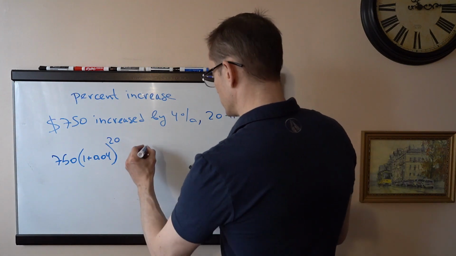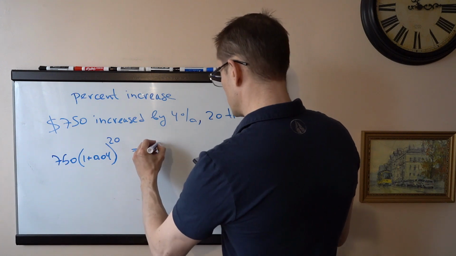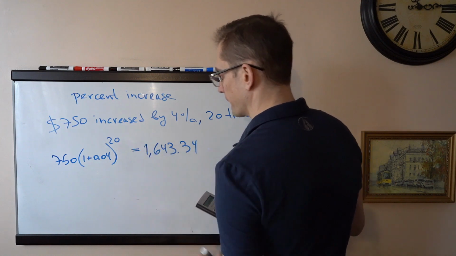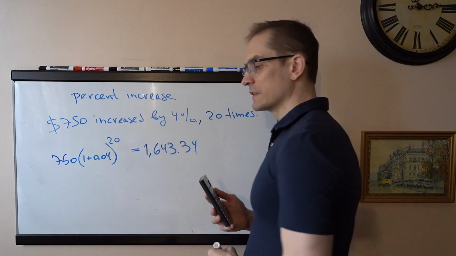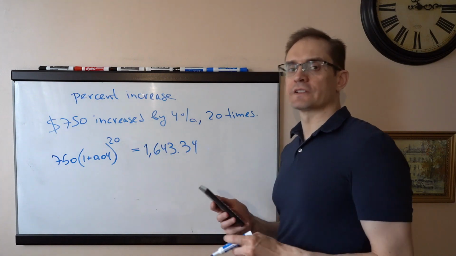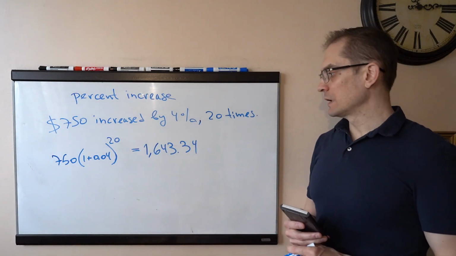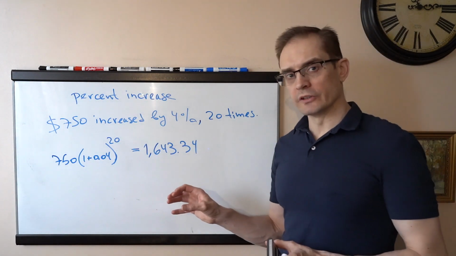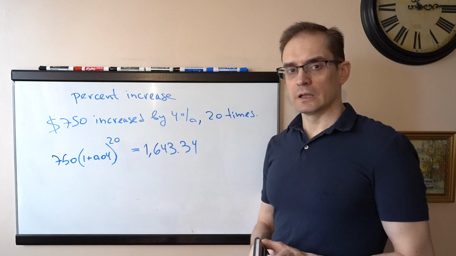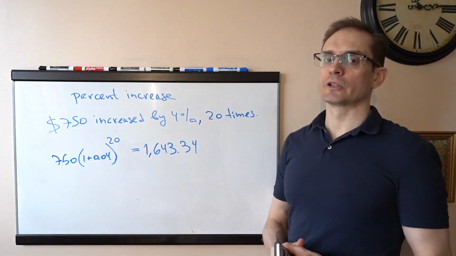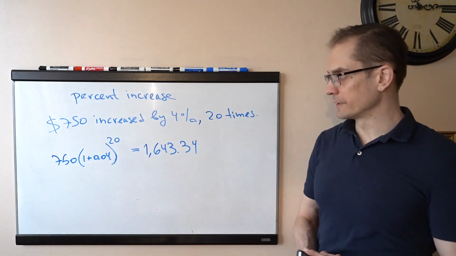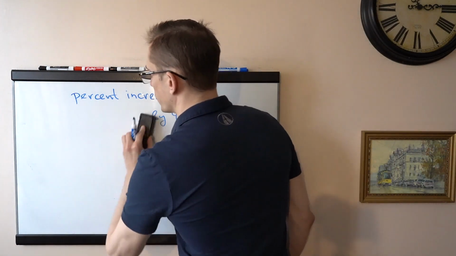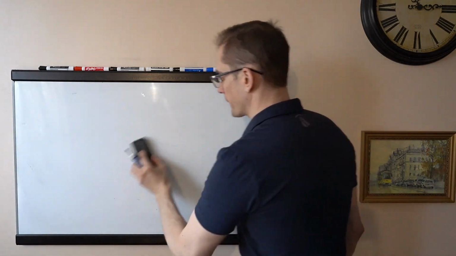I use now the calculator to compute this, and it's 1643.34. As you can see, it is much more efficient, much faster way to solve this. And it is a crucial moment for us to build our understanding for what is coming to us in terms of compound percent. Okay, so that was another important building block.